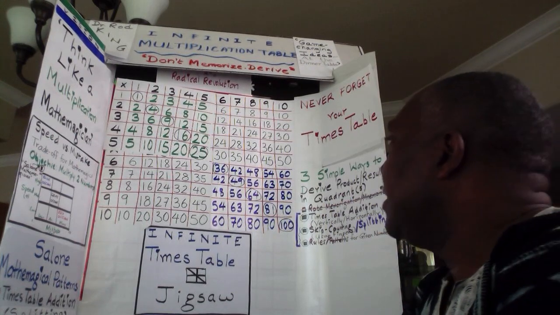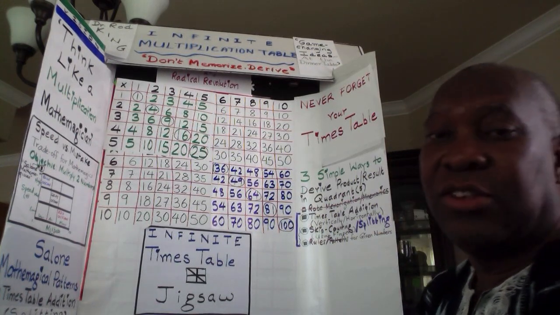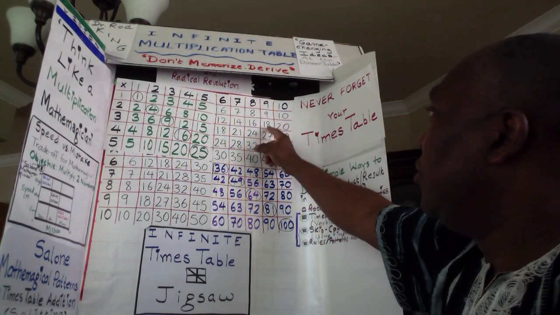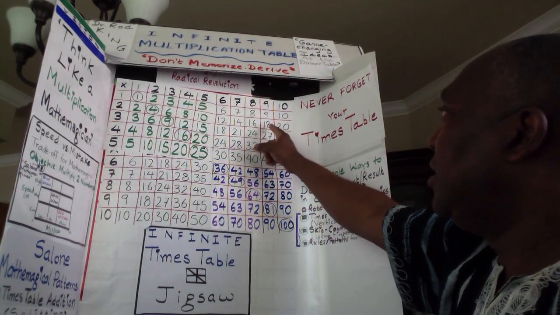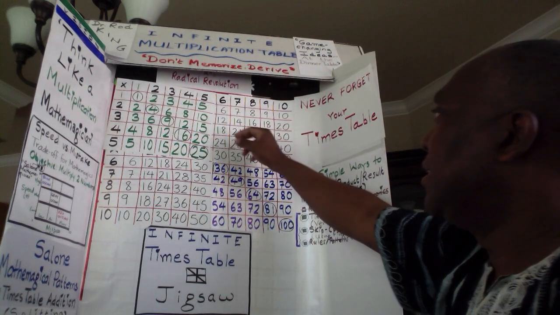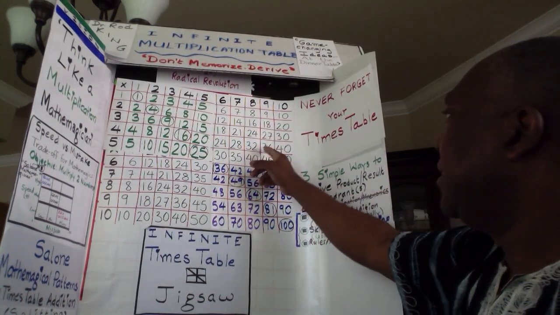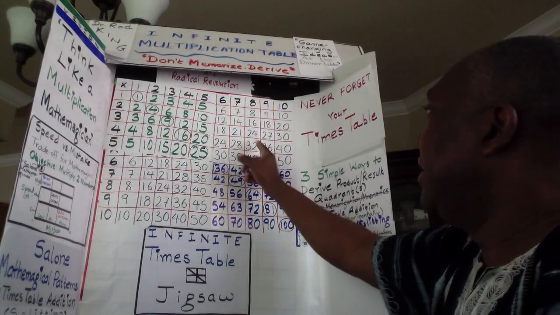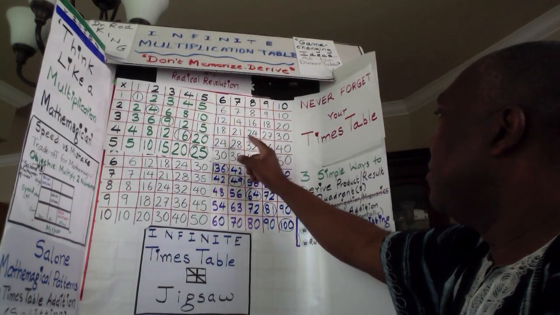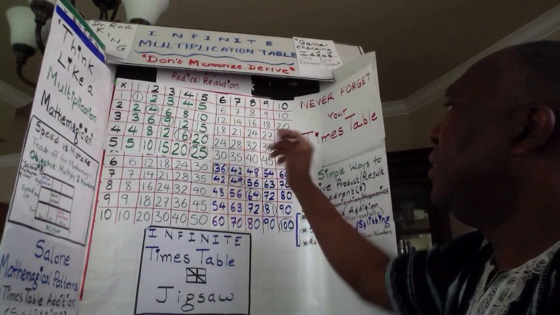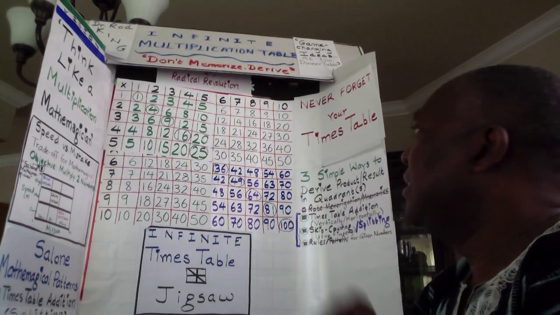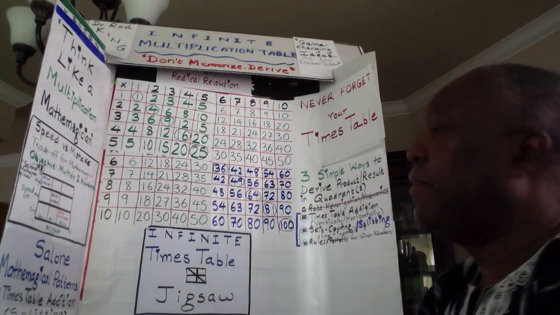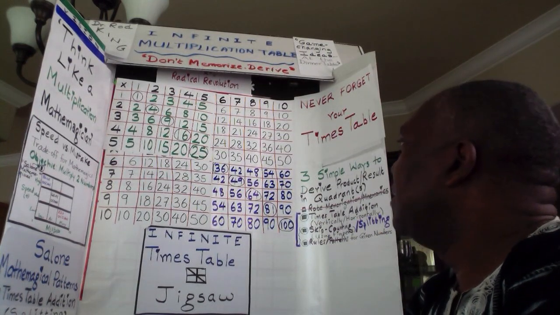And there are also rules that you can apply. For example, if you are multiplying by 9, you would see that the two digits always add to 9. So for example, 2 plus 7 is 9, 3 plus 6 is 9, but 4 is 1. 4 minus 1 gives you 3, and then you add 6. 5 times 9, you will begin with 4, and then you put 5.